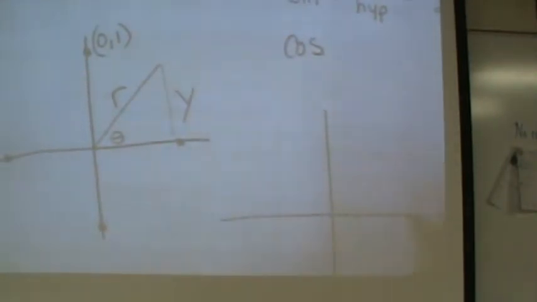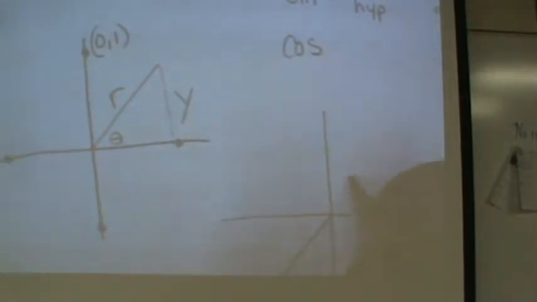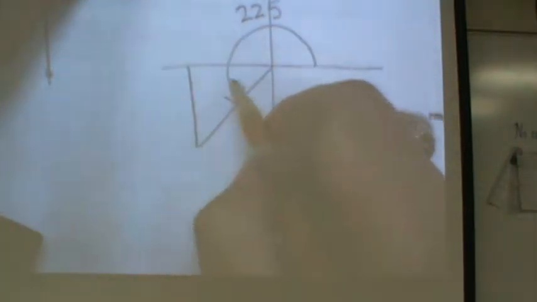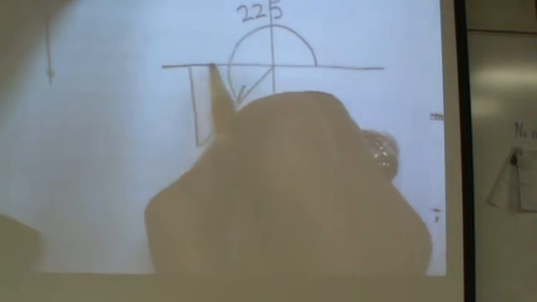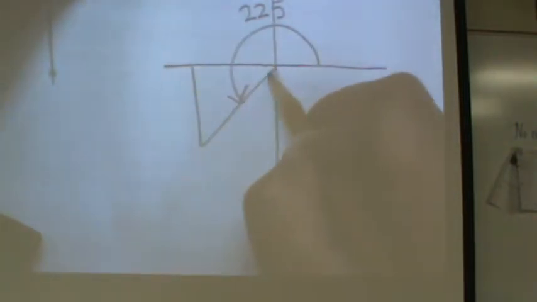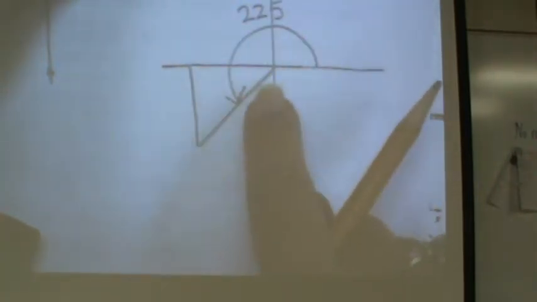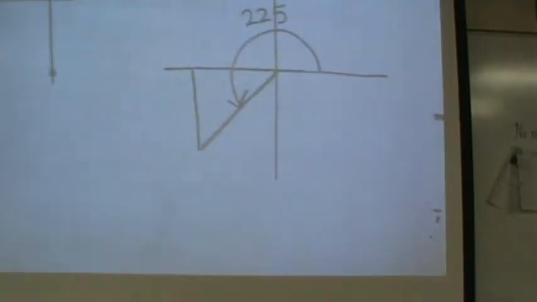Where's 225? The direct diagonal. So from here to here is 225. So now I want to analyze, you always want to analyze the triangle that you make with the x-axis, never the y-axis. So I'm talking about this triangle right here.